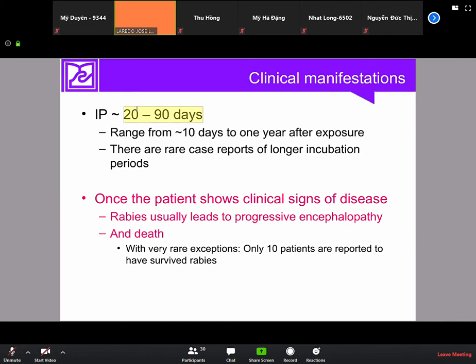However, if the dog bites you in the face, the incubation period will be very short because the distance from the face to the brain is very short. However, once the patient shows clinical signs of disease, the patient will die. All, with very few exceptions, very, very few. So the most common outcome is death.